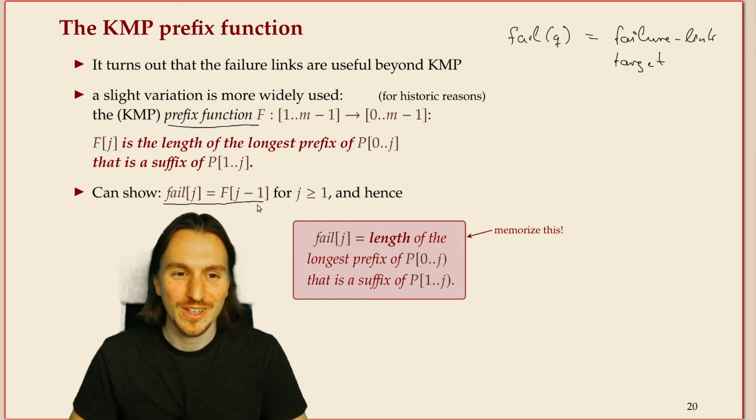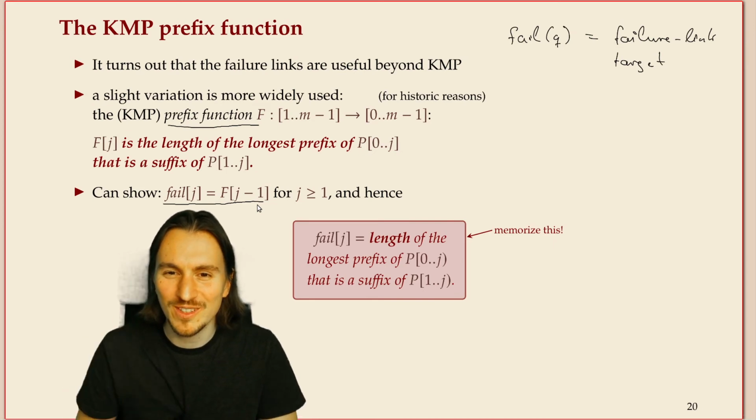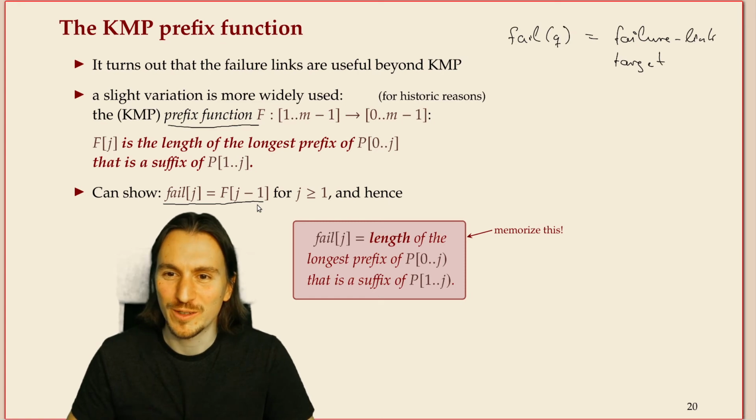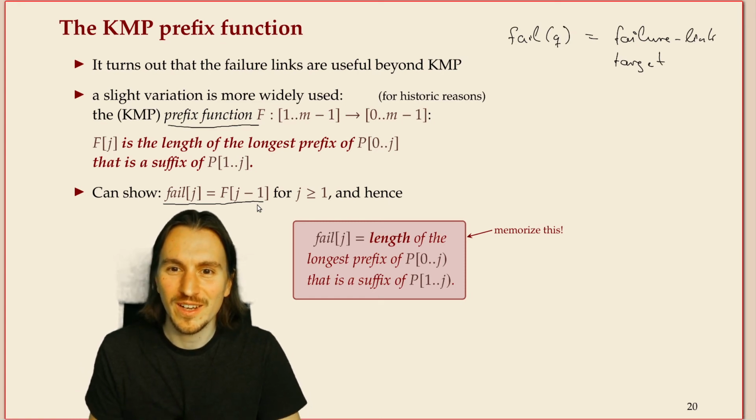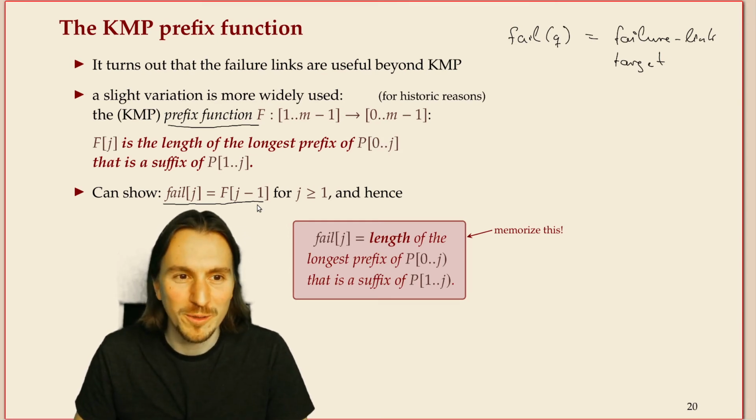Whenever you try to answer questions about strings that have to do with self-similarity and overlaps and partial matches, often there's a way to formulate it in terms of this prefix function. So this has become useful and important way beyond the classic string matching problem.